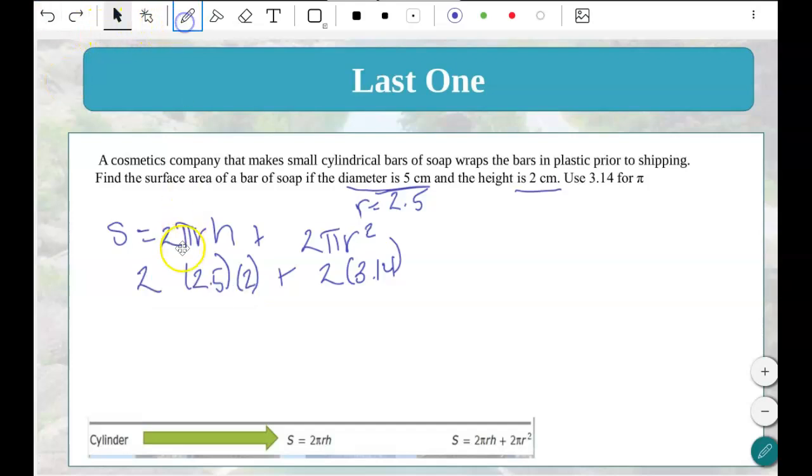Hopefully you're way ahead of me already. 3.14. And then we're going to do the radius squared here. All right, so simplifying this, or you can just put it into the calculator just like you see it there. Just do 2 times 3.14 times 2.5 times 2. Multiplying all those together, it's 31.4.